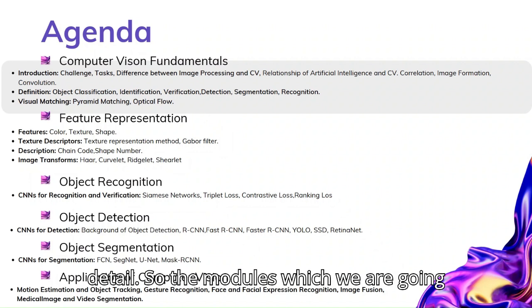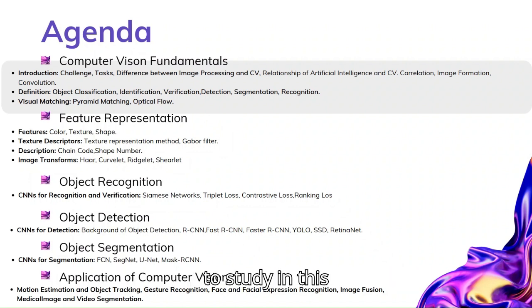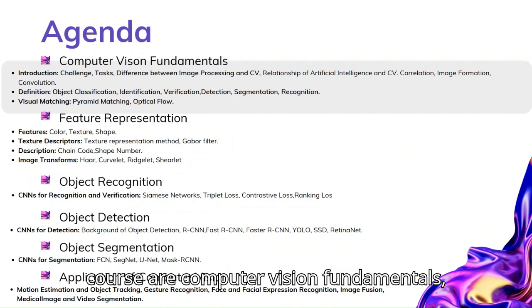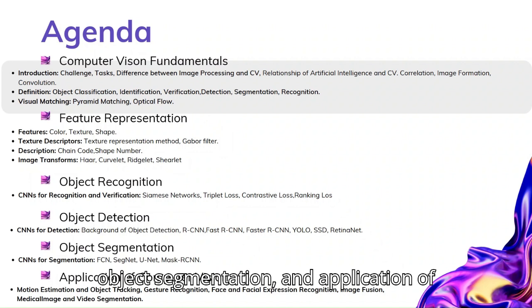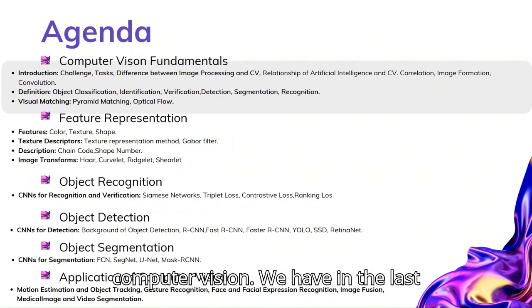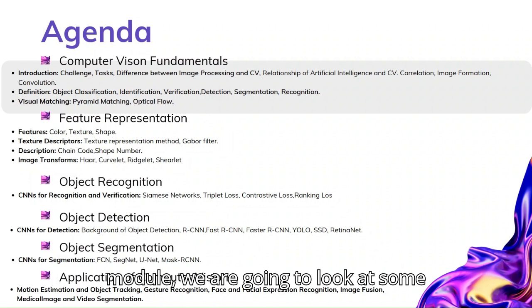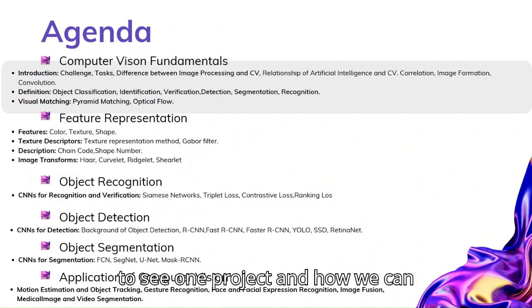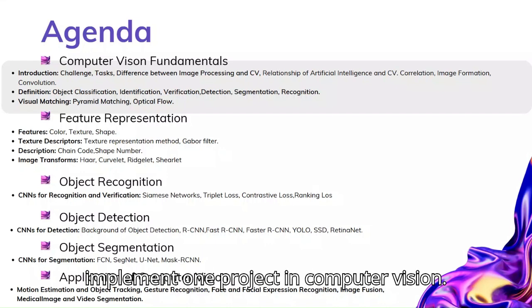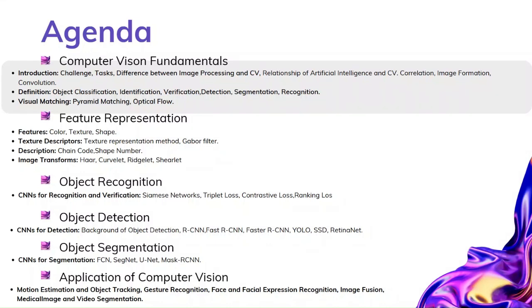So the modules which we are going to study in this course are computer vision fundamentals, feature representation, object recognition, object detection, object segmentation, and application of computer vision. In the last module we are going to look at some applications of it, and also we are going to see one project and how we can implement one project in computer vision.